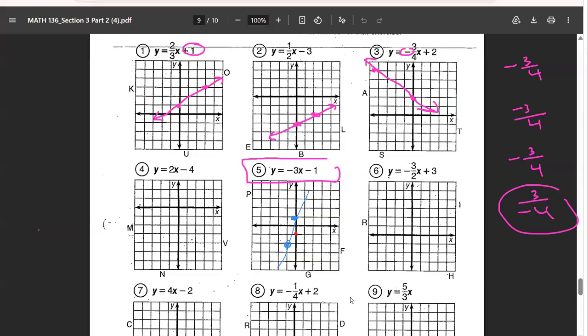Okay. So we have a person here that drew the graph for us. Okay. What's one way to verify whether our graph and the equation match? What do we know about the slope here for this equation?